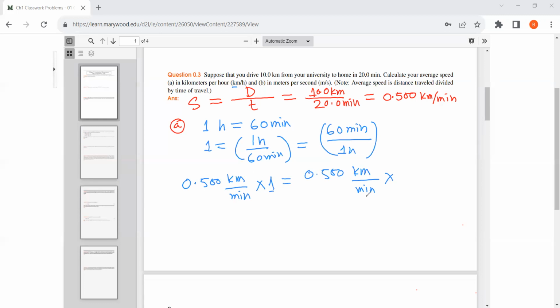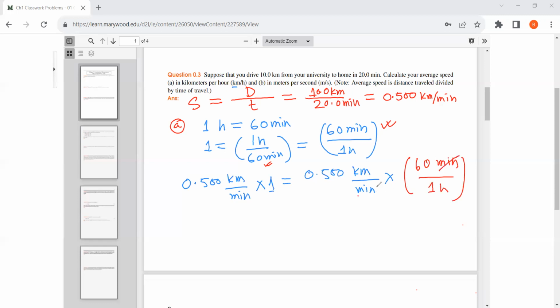To cancel minute in the denominator, we need minute in the numerator, so we need this one. If you use the other one, it will be incorrect. So the correct choice is the second one: 60 minutes per 1 hour.